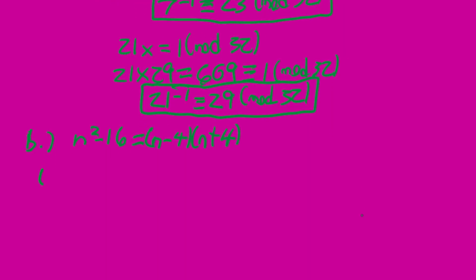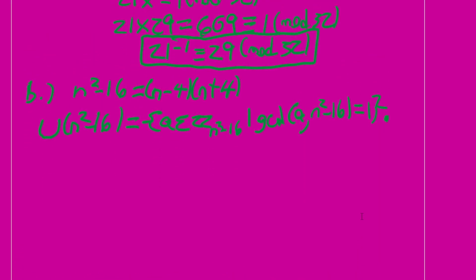So U of n squared minus 16 is going to be equal to the set of a, where a is an element of the integers with addition modulo n squared minus 16, and the greatest common divisor of a and n squared minus 16 is 1. So obviously this is technically an infinitely large set.